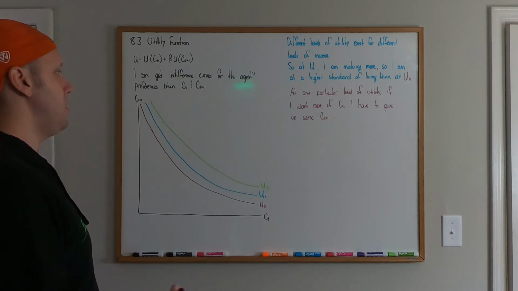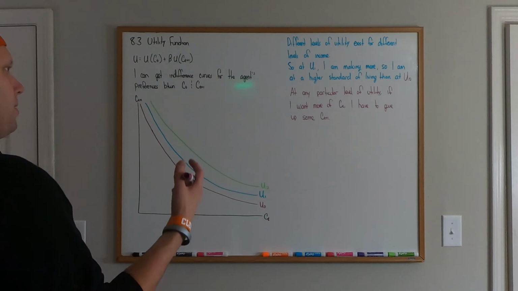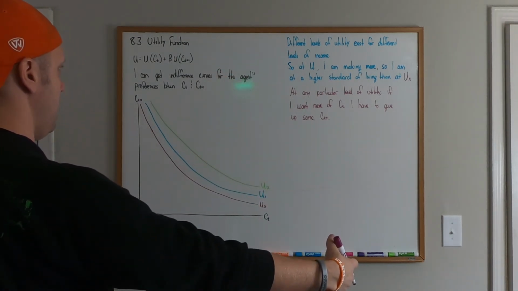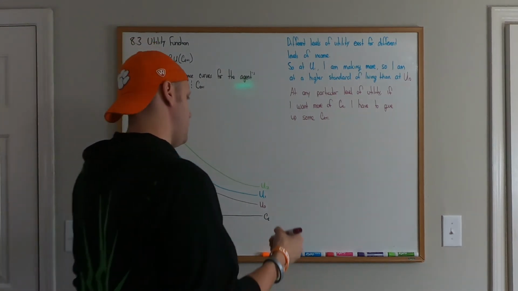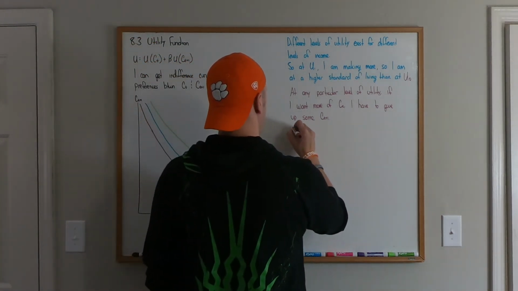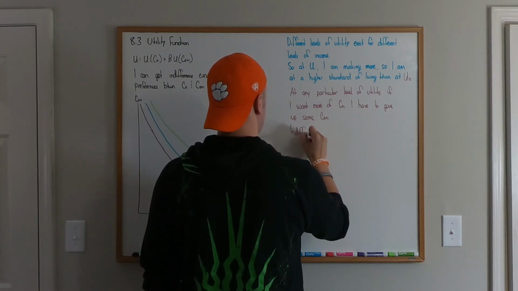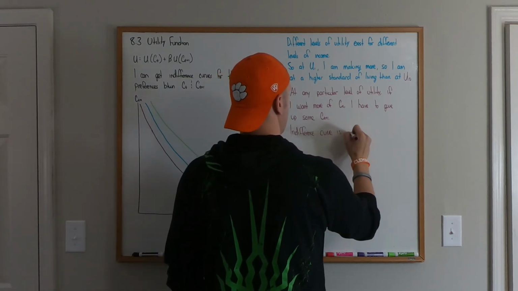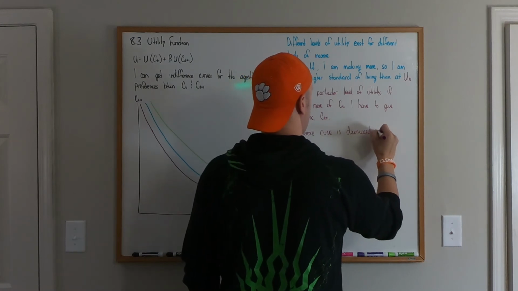So if I hold utility constant, I have to give up some of one of the inputs for more of the other. What that implies is the indifference curve is downward sloping everywhere.